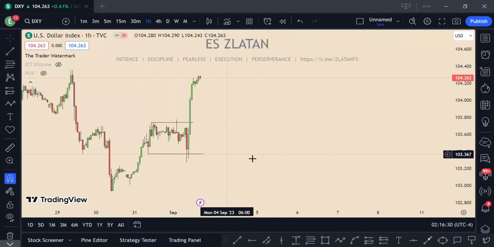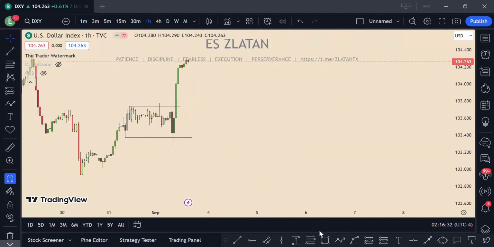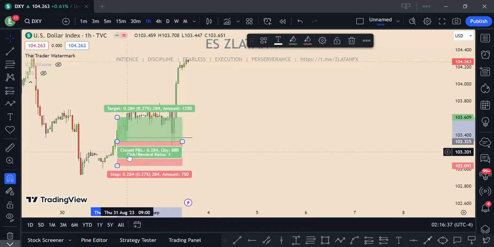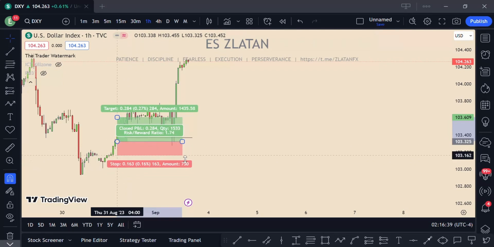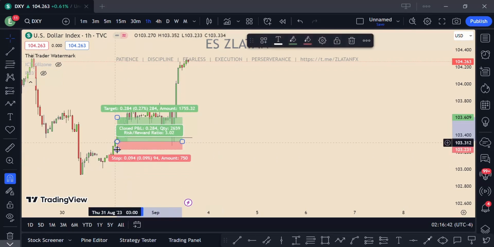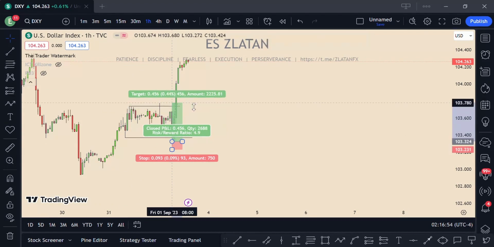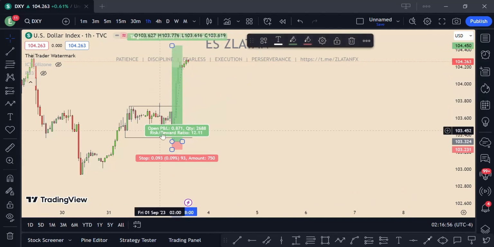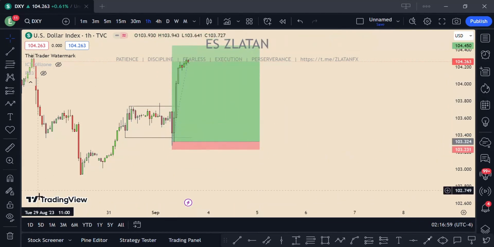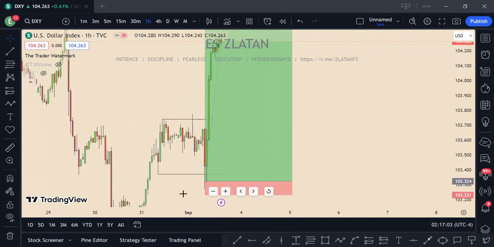So here you could enter with this right here, with your stop loss below the low of this fair value gap, right? So this could have been your entry, and you target first the range high, and then the higher time frame draw on liquidity, right? So you could see you could actually make a nice RR with this.